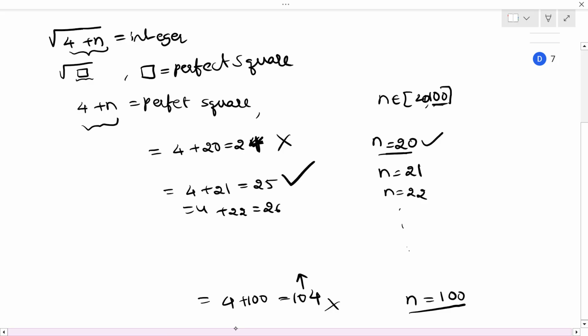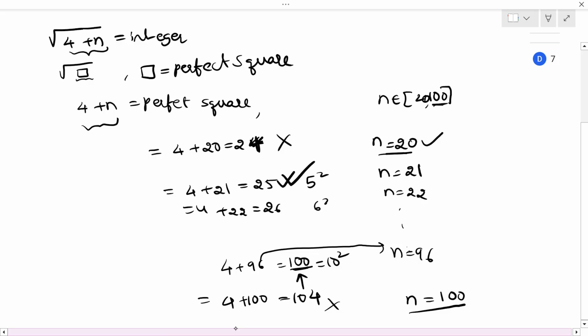But before that, a perfect square will come, that is 100. If this has to be 100, then 4 plus 96 gives 100, which means n has to be 96. So the maximum perfect square you will get is 100, which is 10 square, and the minimum perfect square you will get is 25, which is 5 square.